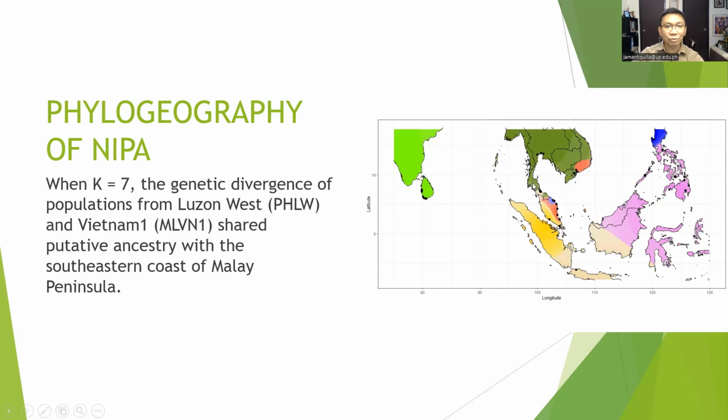When K is equal to 7, the genetic divergence of Luzon West and Vietnam 1 shared a putative ancestry with the southeastern coast of the Malay Peninsula. So the sharing of these lineages is a clear indication of migration as influenced by oceanic circulation.